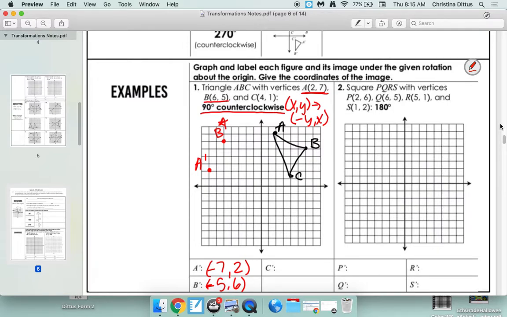And our C was 4, 1. So flip them, we get 1, 4. And our y becomes negative, so negative 1, 4. So negative 1, 1, 2, 3, 4. C prime. I still have a triangle, thank goodness. So it has to work out. We're in the right quadrant we're supposed to be in. So it should be A-okay.